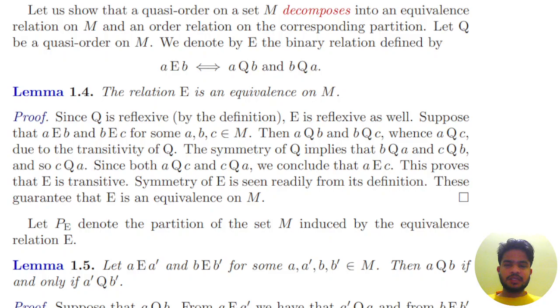Lemma 1.4: the relation E is an equivalence on M. Let us understand the proof. Since Q is reflexive, E is reflexive as well.